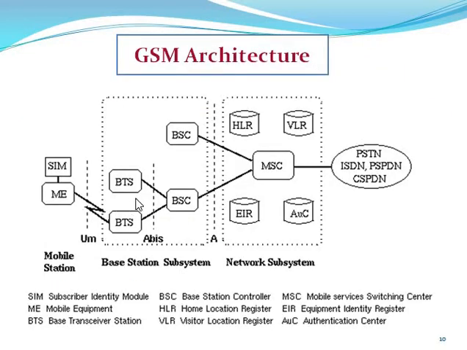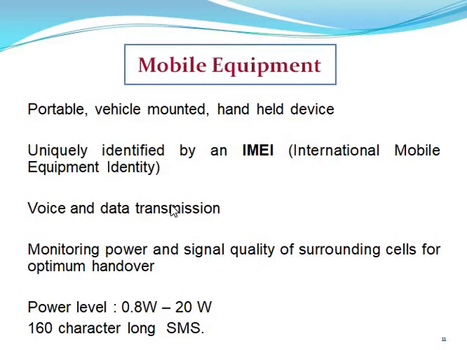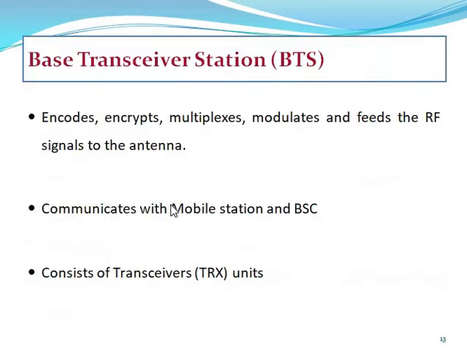Now we can look at the BTS. So what is the BTS? The BTS is connected to the mobile equipment and also to the BSC. The BTS is an encoder, encryptor, multiplexer, and modulator, and feeds the radio frequency signal to the antenna.